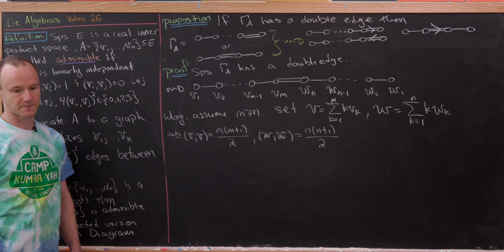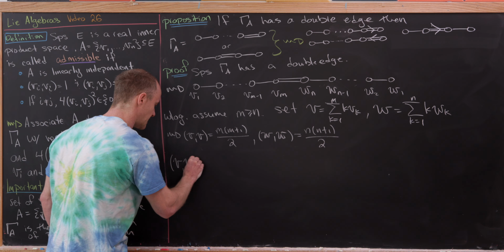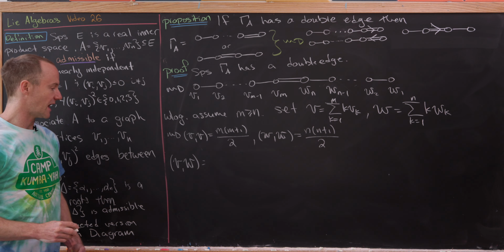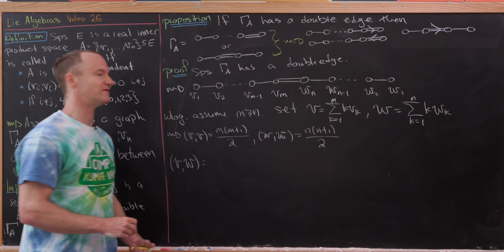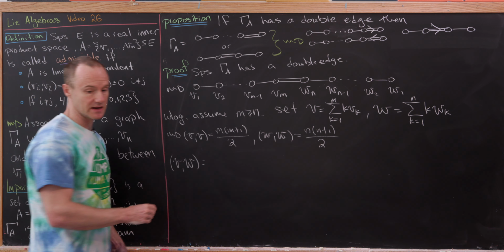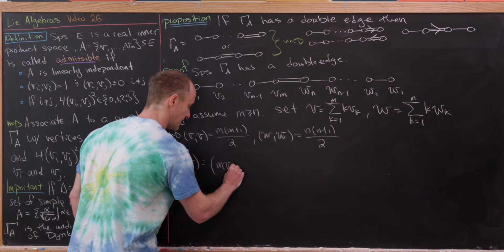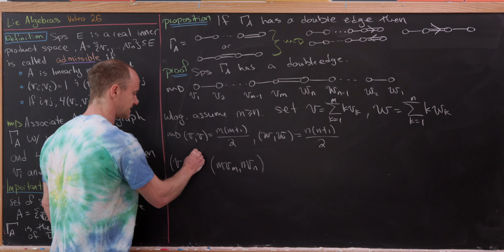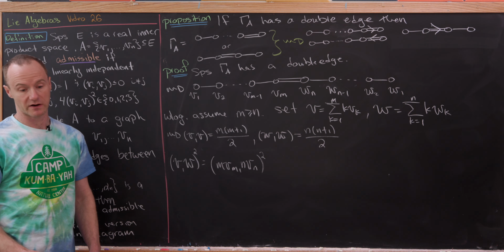Okay, great. And now let's look at this. The inner product of v with w is pretty easy to calculate. That's because the only overlap here is between Vm and Wn. So this is in fact equal to m Vm and then n Wn. Oh, and I should say this needs to be squared here for our calculation. So I'll square it.